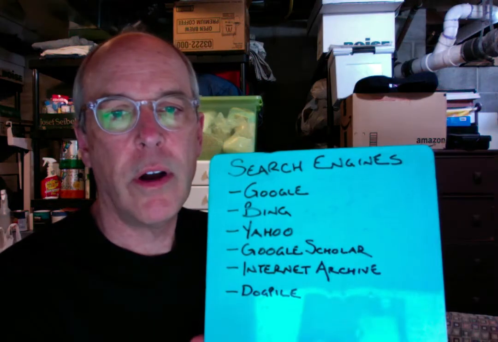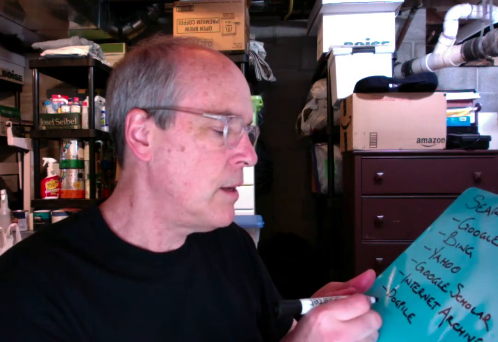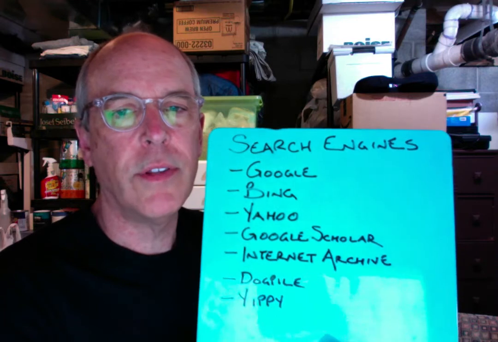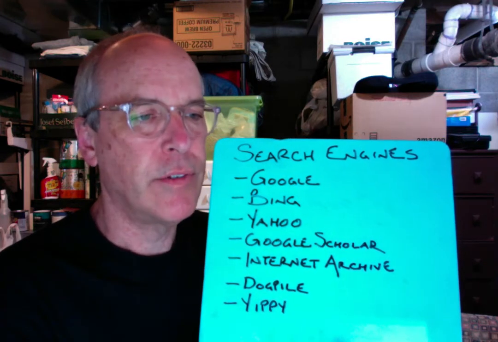There's something called Dogpile. And there's another one. Let's see, which one did I have? Oh yeah, there's another one called Yippee. And there used to be one called Metacrawler. I don't know if it's still there, but these two are what they call meta search engines.